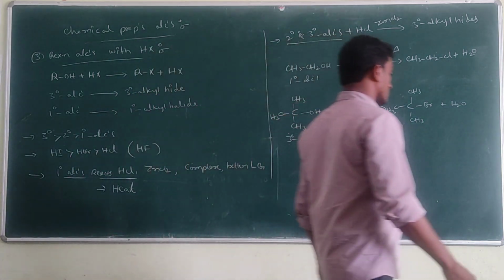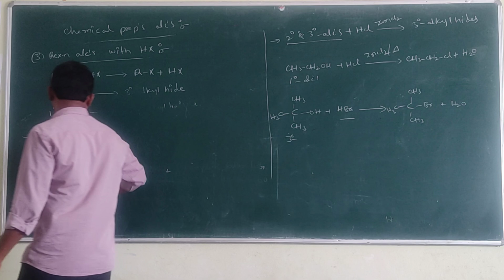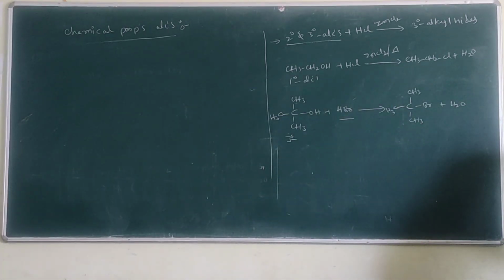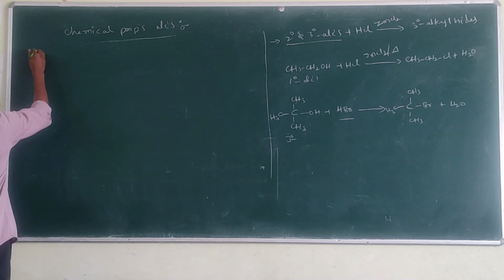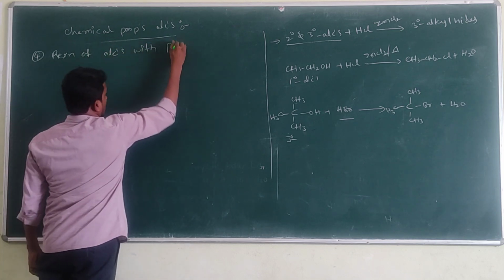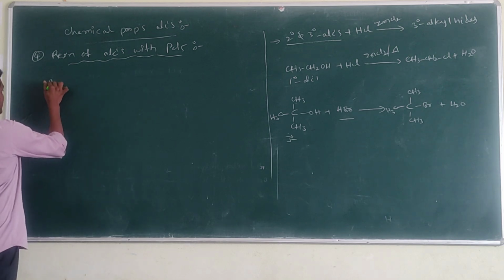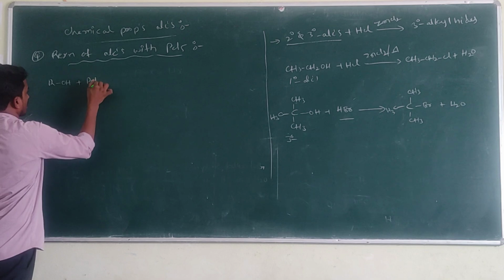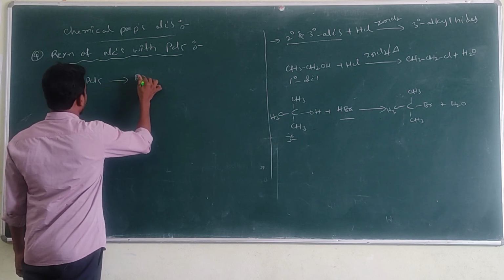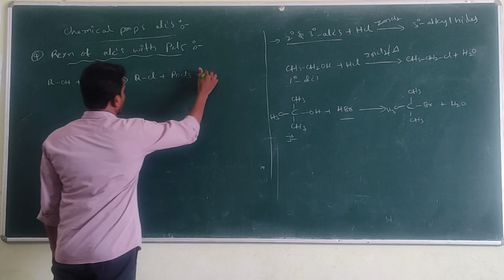Next, the reaction of alcohols with phosphorus pentachloride, PCl5. When alcohols react with phosphorus pentachloride, they give alkyl chloride, phosphorus oxychloride and HCl.